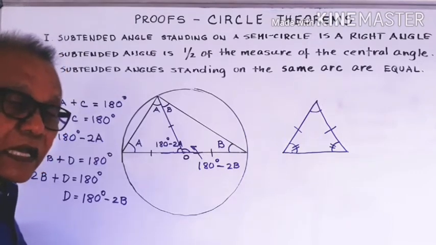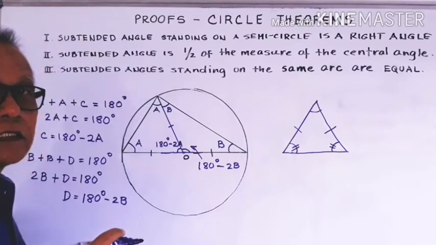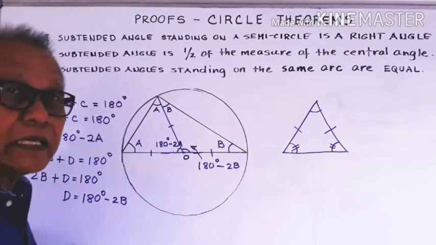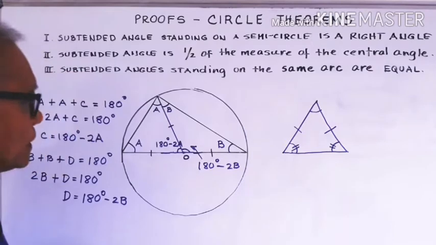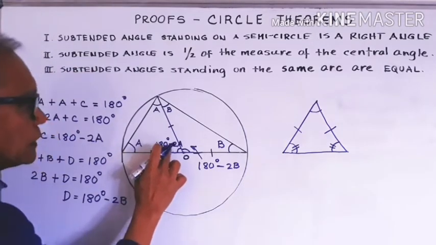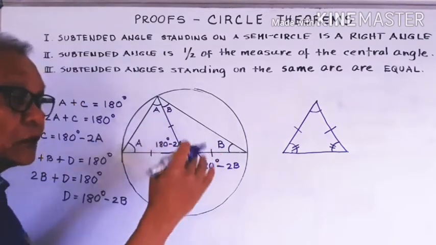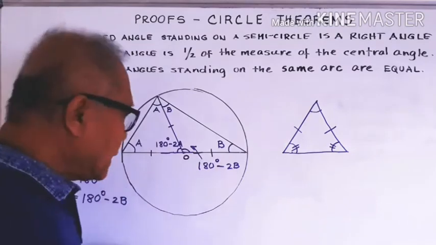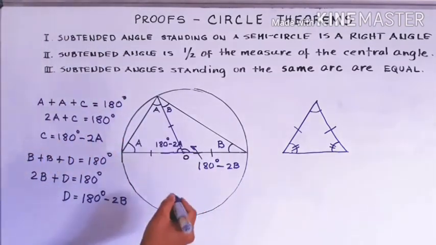It means that the sum of these two angles is 180 degrees. So we add this one and this one, and it is equal to 180 degrees.